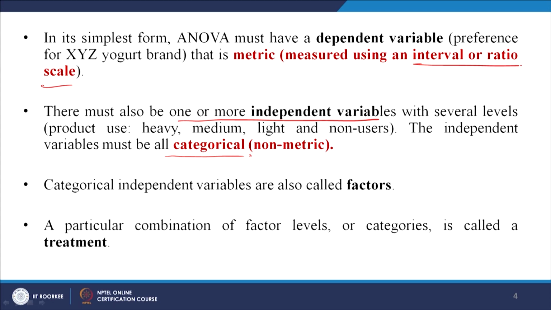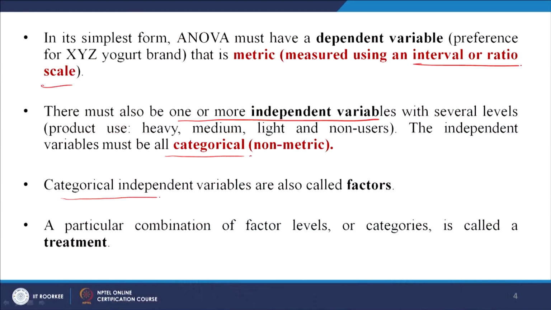Now, in this case, how many groups do we have? We have 4: heavy, medium, light and non users, right. Categorical independent variables are also called factors. So, that is what I was saying. How many factors do you have?